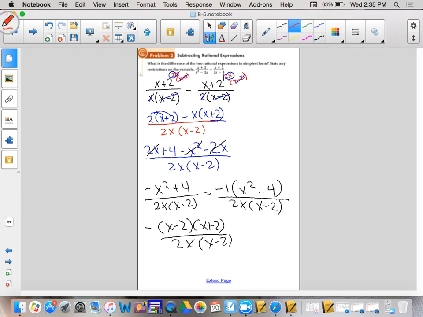Can we reduce anything? The x minus 2's go away, right? So I'm left with negative x plus 2 over 2x. And what would my restrictions be? 0 and 2. That's my answer.